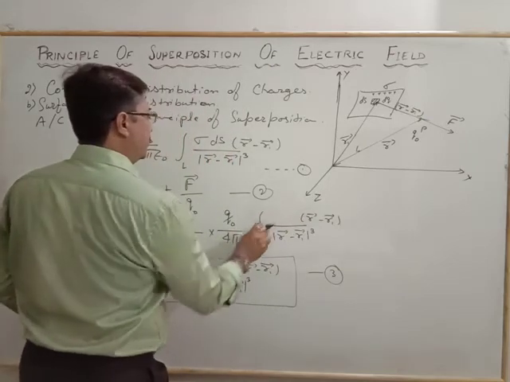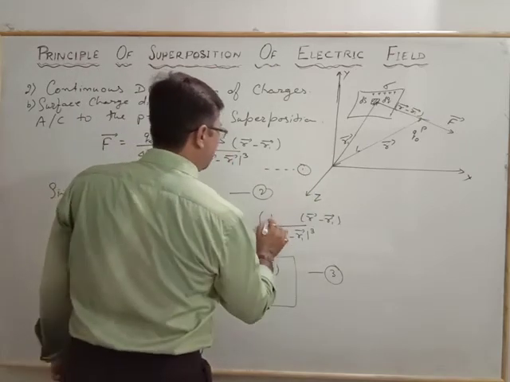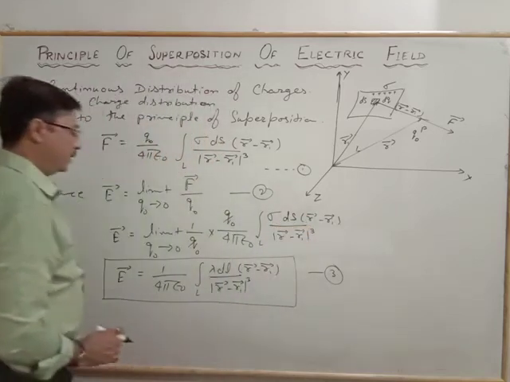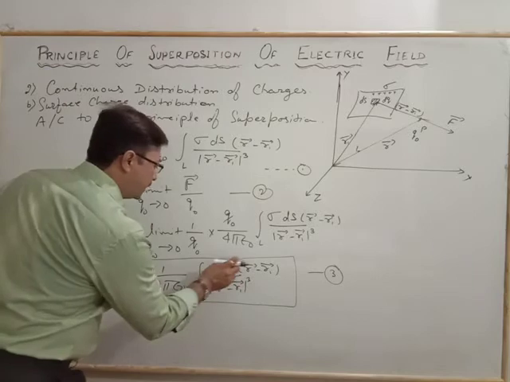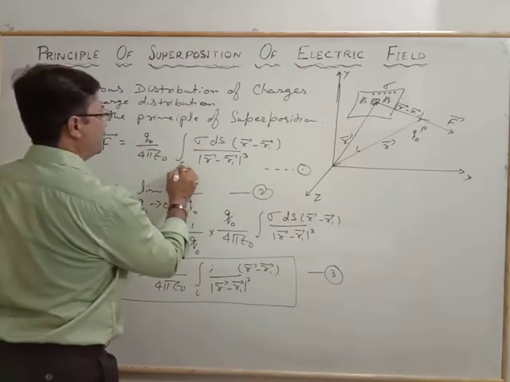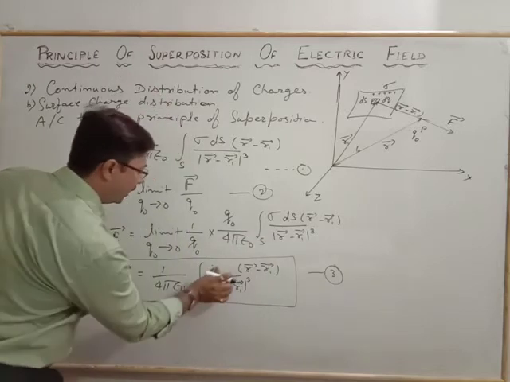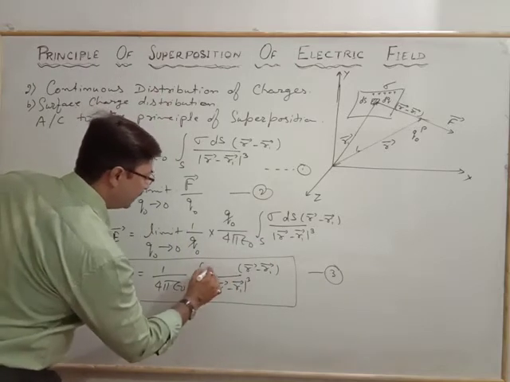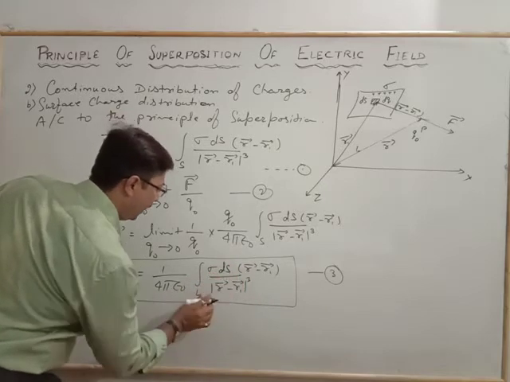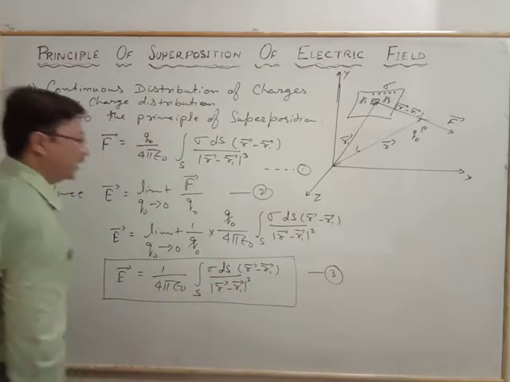We consider the surface charge density over the small surface element ds. In place of the integration over length, we write the surface S, and here also the sigma ds, and the surface integral over S.